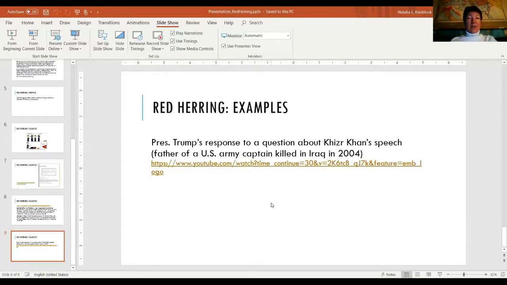And I started this presentation with a dictionary definition and a literary definition, saying that the strategy is used not only in politics. However, in politics it is super common, and it is very popular.